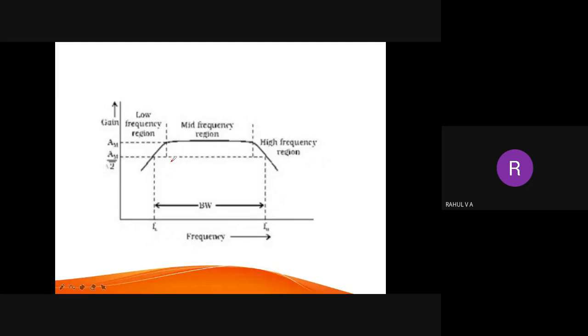One is the low frequency region where gain is reducing as the frequency is reducing. There is a high frequency region where the gain is reducing as the frequency is increasing, and there is also a mid frequency region where gain is constant. So we have to operate in this region. For the amplifier to work properly, it should operate in the constant gain region, or mid frequency region. But here you can see that there is one more additional line.